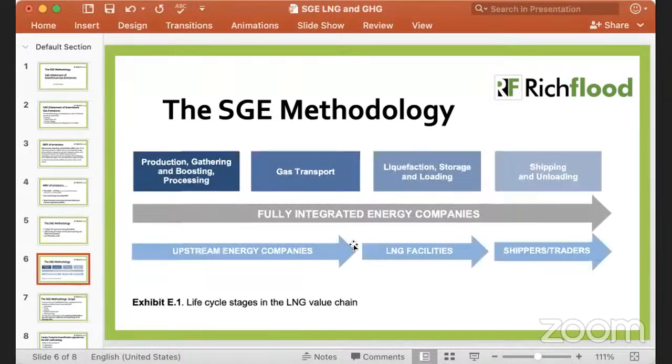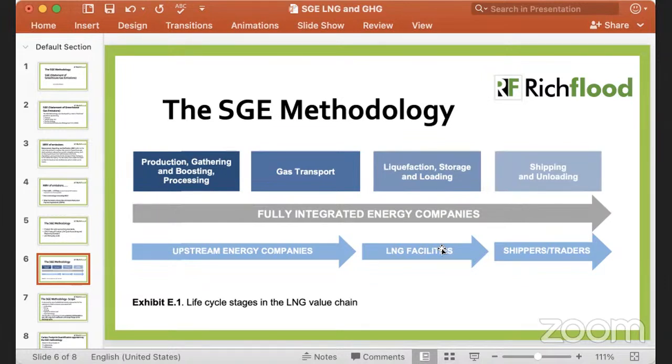So this next chart, which is what I was trying to find in the report earlier, shows us the SGE methodology across the life cycle. You can see over here, we have the upstream energy companies, the LNG facilities, and then the shippers or the traders. That's the shipping and unloading.